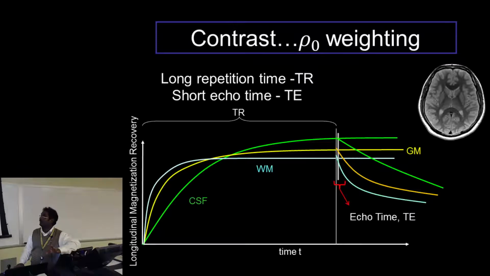So that's not quite recovering fully, it's maybe somewhere here, right? That's why you don't get CSF being the brightest. But for gray matter and white matter, the signal is proportional to the spin density, where gray matter is brighter and white matter is darker.